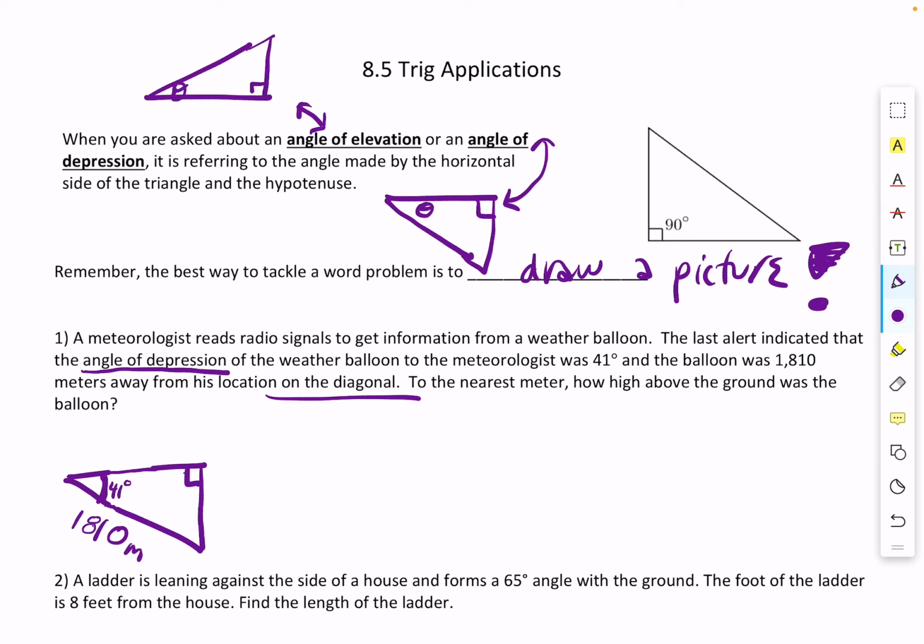Is that going to tell me how high above the ground the balloon was? Or is this our x? The one that goes up, vertical. Good, because that's how high up in the air the balloon is. Okay, so let's just stop there. That's the new stuff, drawing the picture from the word problem.